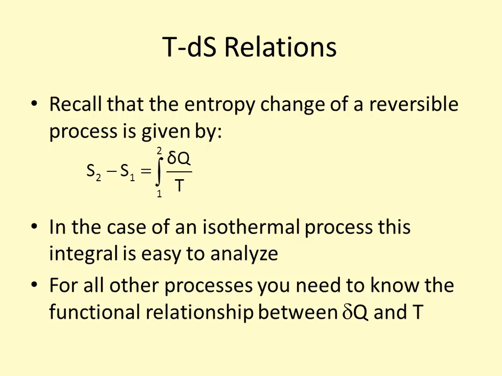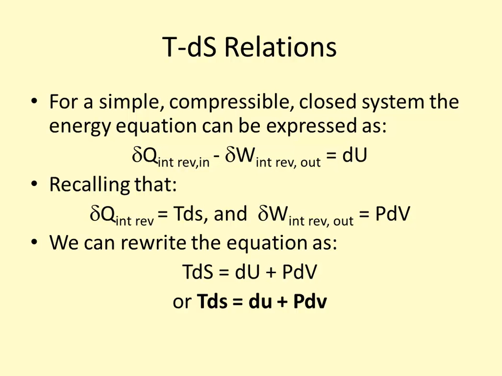It comes right out, just dQ over T. For other processes, we need to know some functional relationship between Q and T. And so we're going to look at a couple of different situations where we can come up with some relationships for T and entropy and other property values.